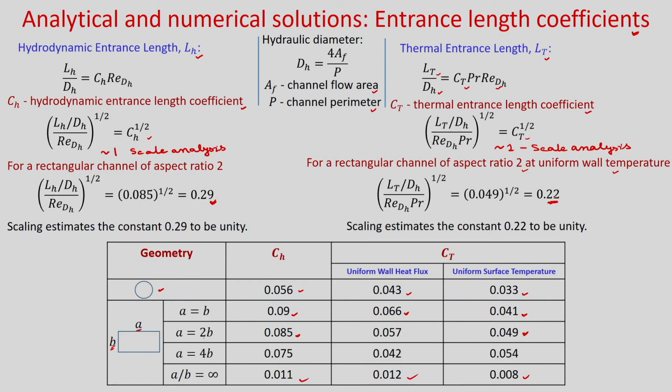So, in today's lecture we have first discussed the objectives to study convection in internal flows, then we have discussed the hydrodynamic entrance length and fully developed region. We have seen that in the fully developed region the velocity does not vary in the axial direction, so del u by del x equal to 0.